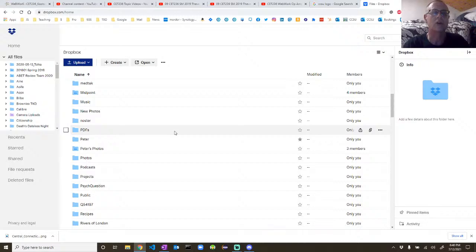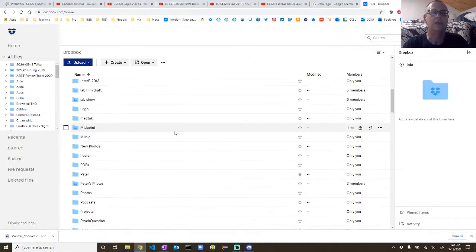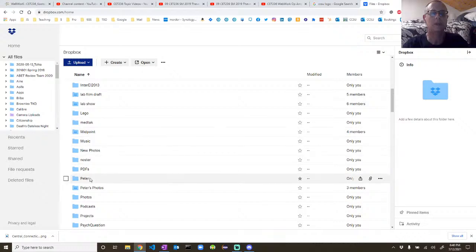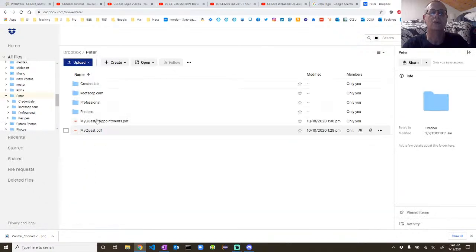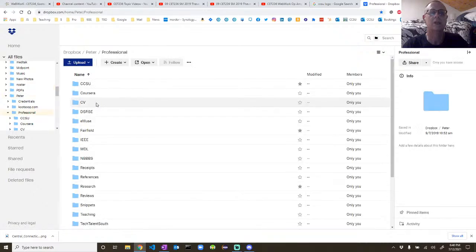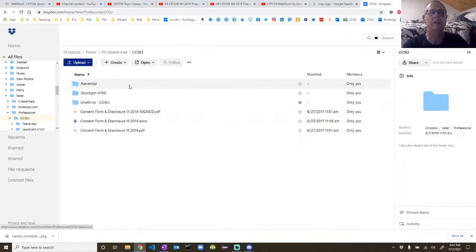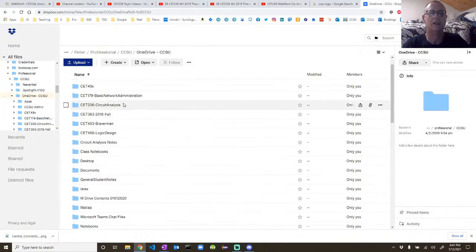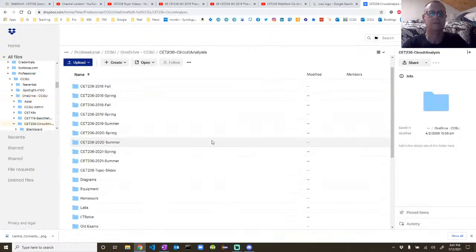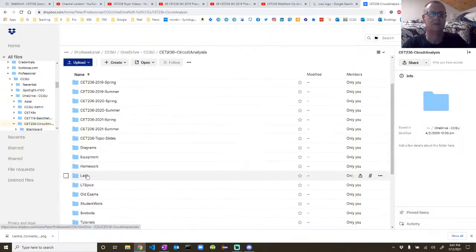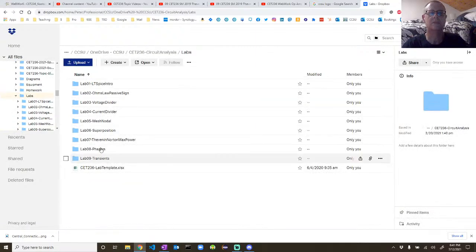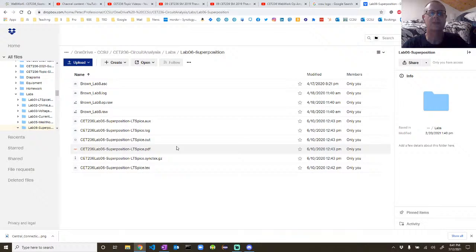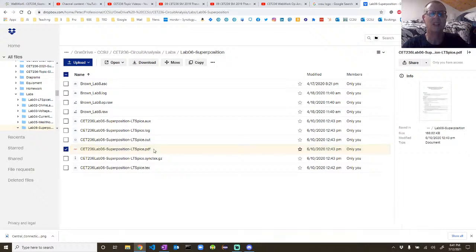So let me just see if I can grab the Superposition Lab from my Dropbox. Just bear with me for a little bit. There we go, Lab 6 is Superposition. And can I download that?